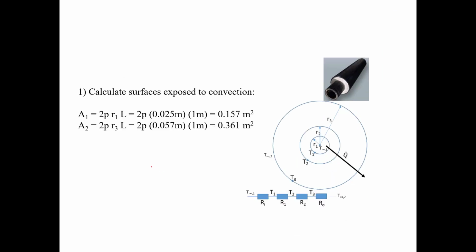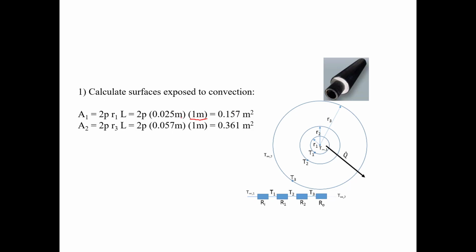So to calculate the heat loss, we need to first calculate the surface areas, because we need to know what is the surface area of the pipe that actually is losing heat. So for the inside of the pipe, we can calculate 2 pi r L, so that is the surface area of the pipe, okay, and we know 2 pi, that is 3.14 times the radius of the pipe, because the diameter was 5 centimeter, so we make it half and then we convert it into meter, so it's 0.025 meter, and we are assuming that we have a length of 1 meter, okay.